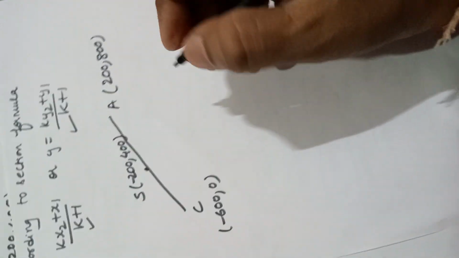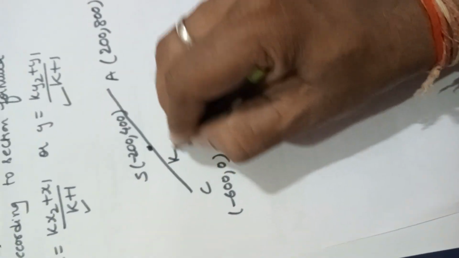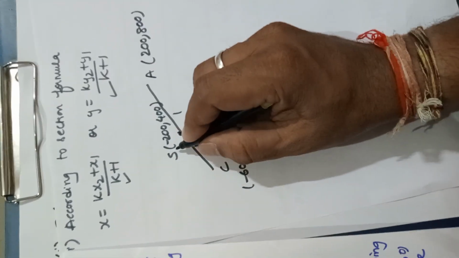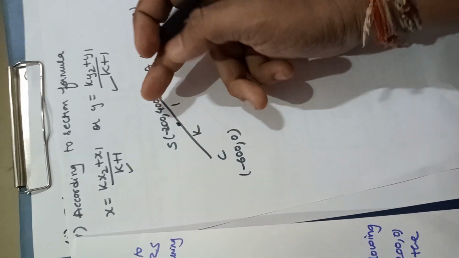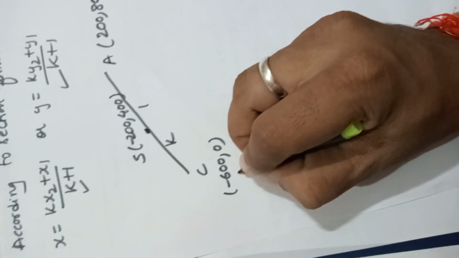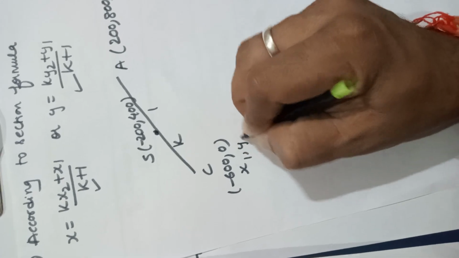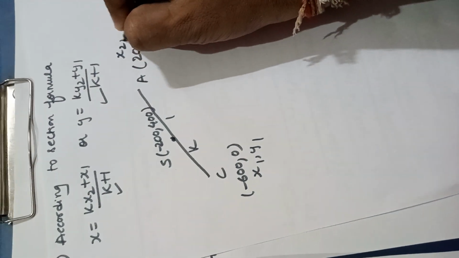So we just need to determine the value of k. We are assuming that the point S is dividing the line segment CA in the ratio k is to 1. So now let's treat this as x1 y1, this as x2 y2.